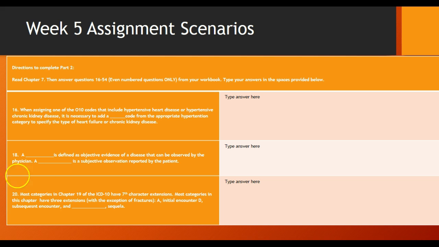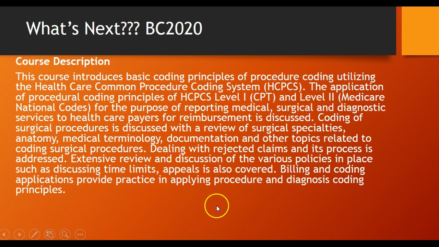Okay, so now that we've covered everything that you should have picked up throughout the entire course, wrapping up week 4 and week 5, getting you prepared to pass this course and move on to your next, we're going to see what is next, BC 2020.